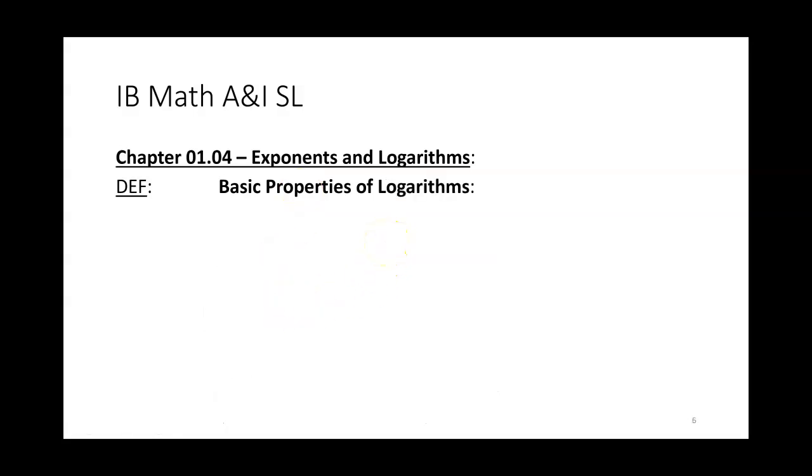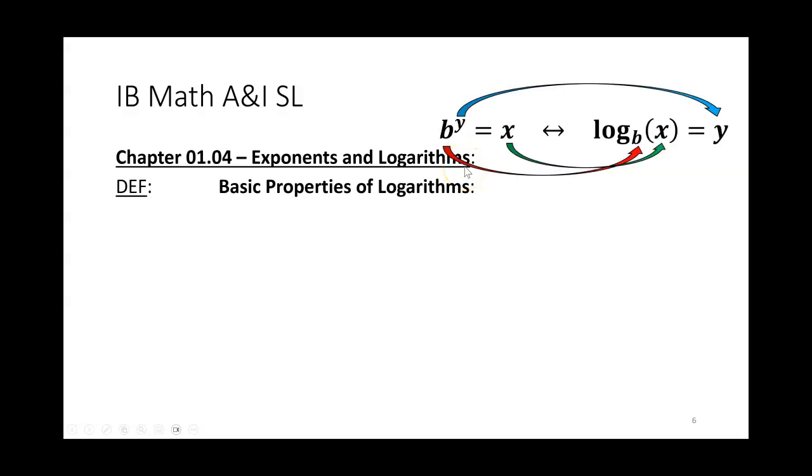All right. Basic properties of logarithms. Who remembers the definition for a logarithm? It's like the opposite. Yeah, that's pretty good. So we can define a logarithmic equation with an equivalent exponential equation. The base of the exponential becomes the base of the logarithm.